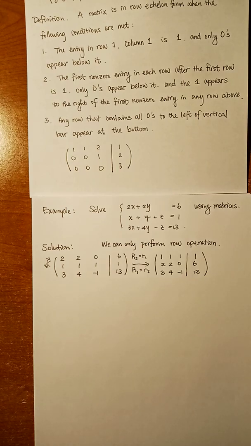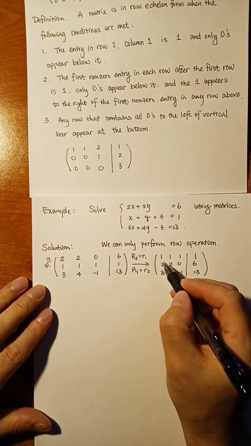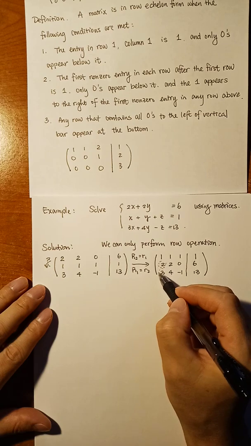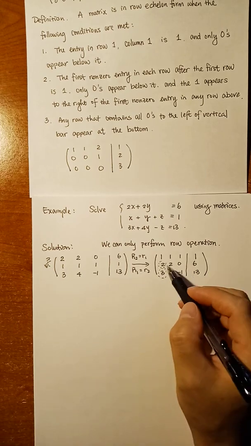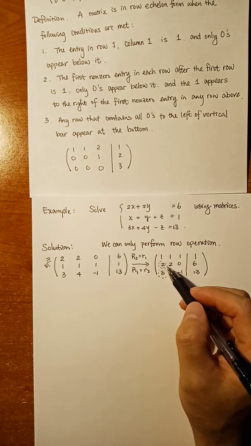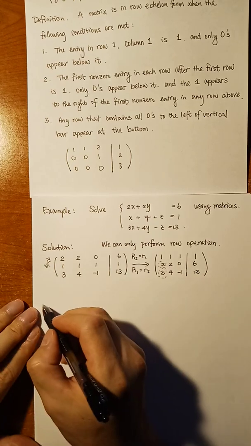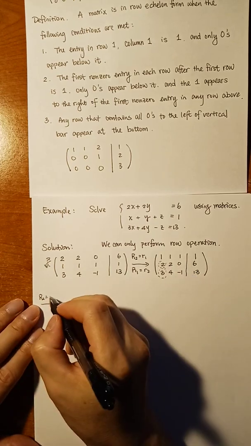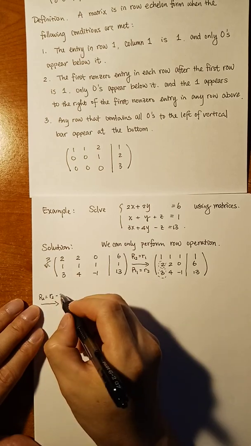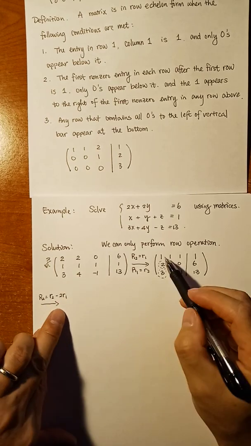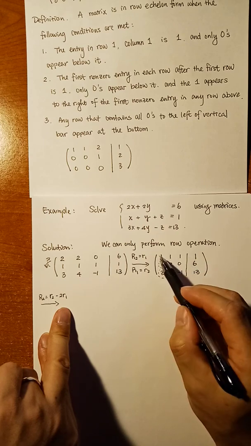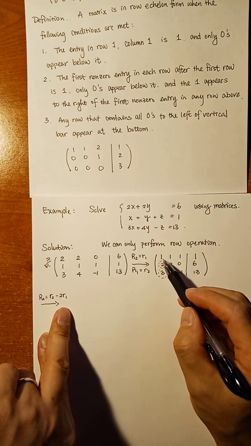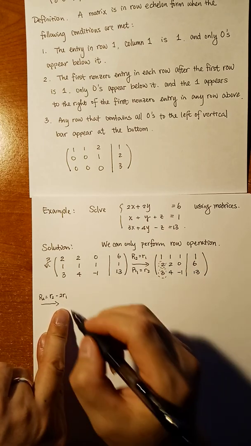Okay, now I want to make this number 0. How can I get this number 0? I'm going to use the following: our new R2 is original R2 minus twice R1. You multiply the first row by 2, you will get 2. 2 minus 2 is 0, right?